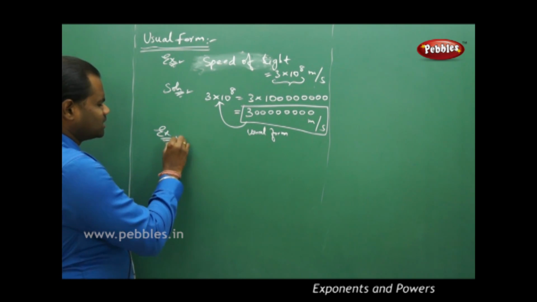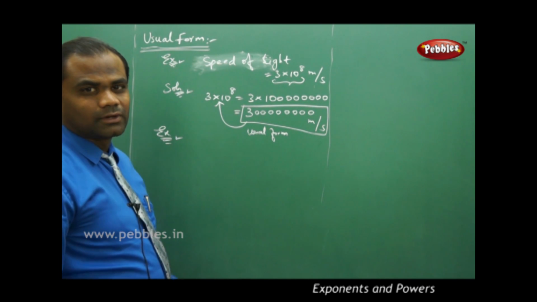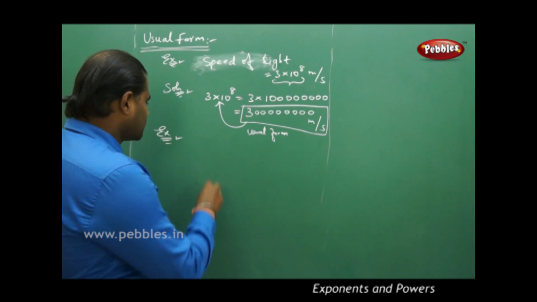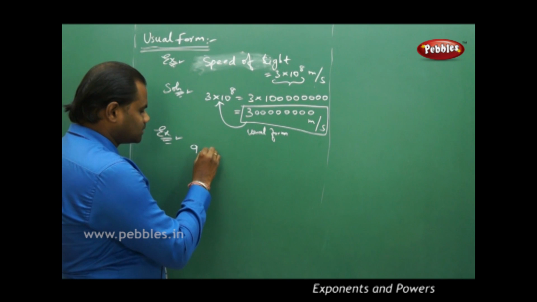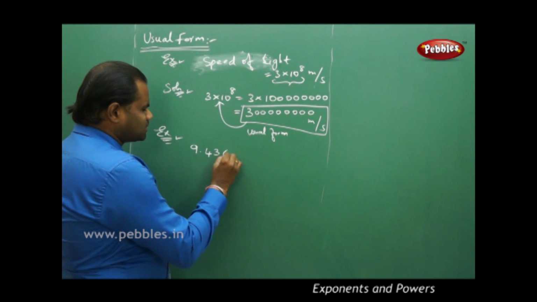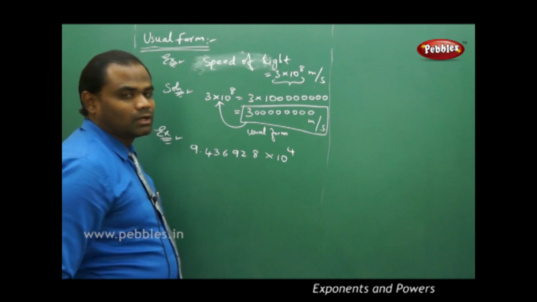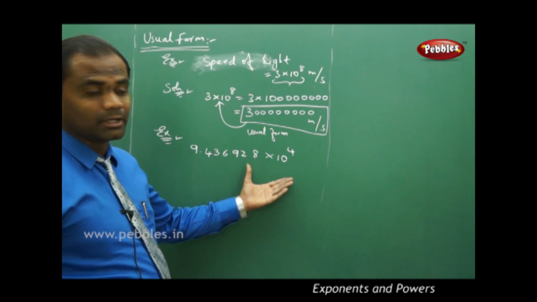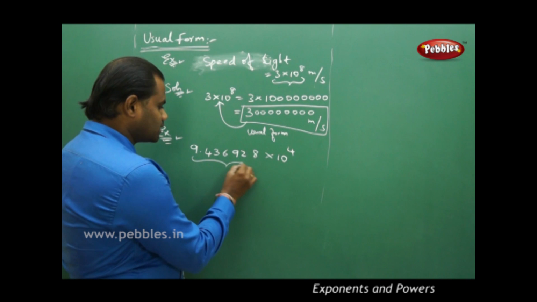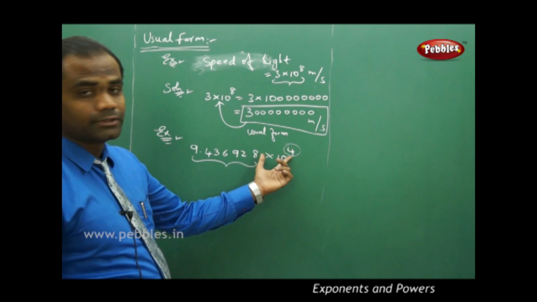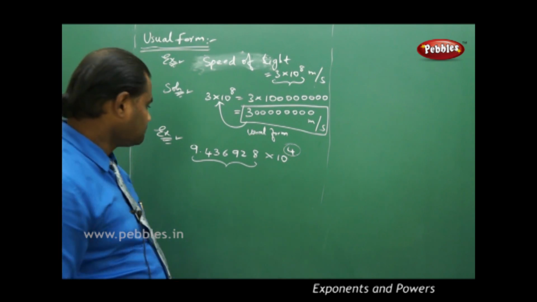So let me take a decimal representation of a standard form which can be converted to the usual form. Now for example, I have 9.436928 into 10 to the power of 4, which is the standard form because this is a value which lies between 1 and 10, and this is in the form 10 power n, with n being an integer 4.